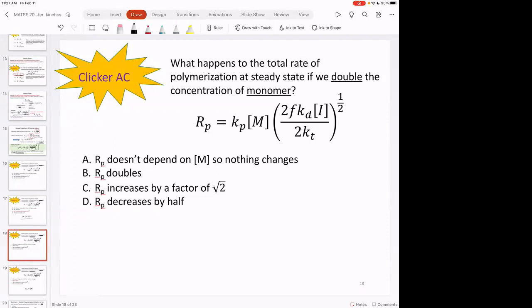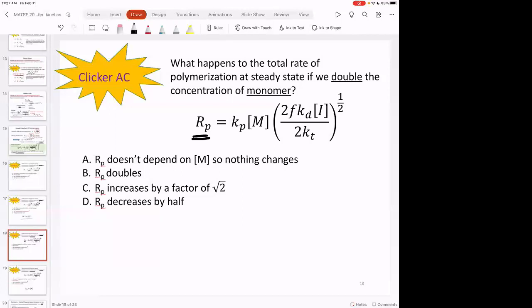So you need to know what that variable is, you need to go find this equation, because on the exam, I'm not going to say, please use this equation. I'll say the total rate of polymerization at steady state, and you know that that is RP, and you'll have this equation on your equation sheet. What happens if we double the concentration of monomer?